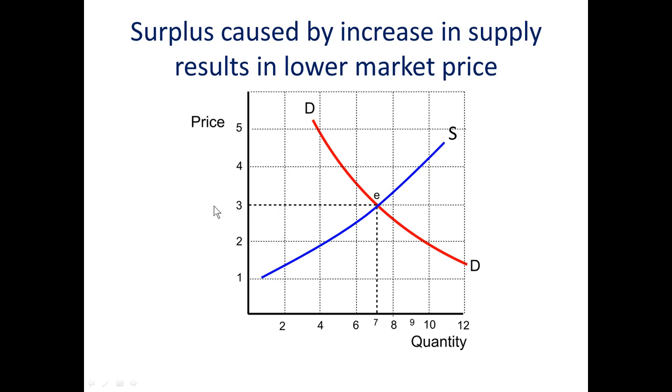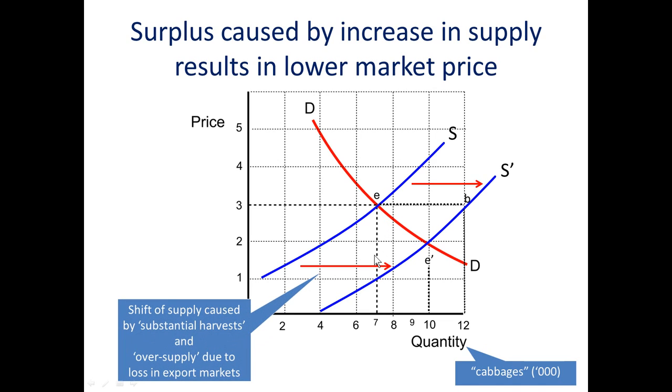Let's assume we start at a price of $3, equilibrium's at E, 7,000 cabbages in this case, let's say, are cleared in this market. Then you get favorable weather conditions which create substantial harvests and also the dumping of cabbages on the market, and this shifts the supply curve from S to S prime.